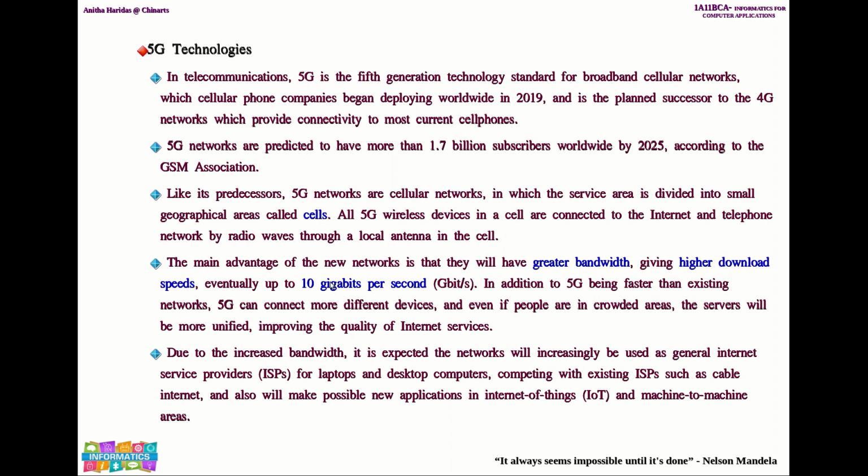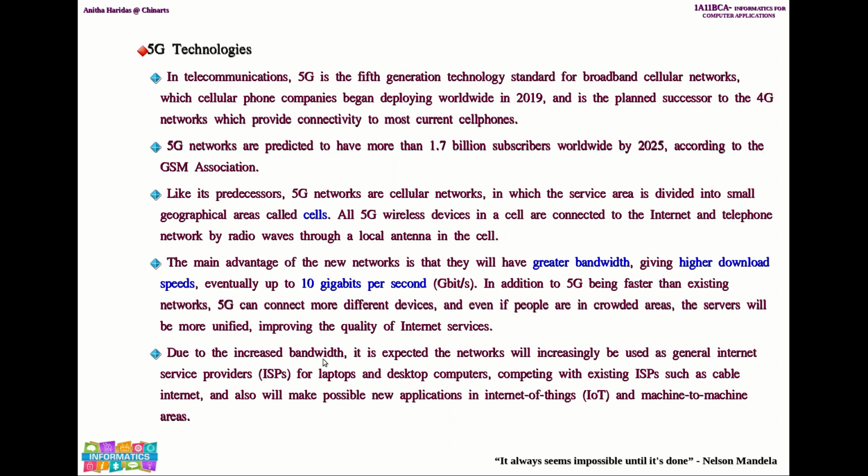The main advantage of this network is that it will have greater bandwidth, and it has higher download speeds also. Maybe up to 10 gigabits per second you can download. Apart from being faster, it can connect more devices also. Even if people are in a crowded area, the servers will be more unified, improving the quality of internet services.